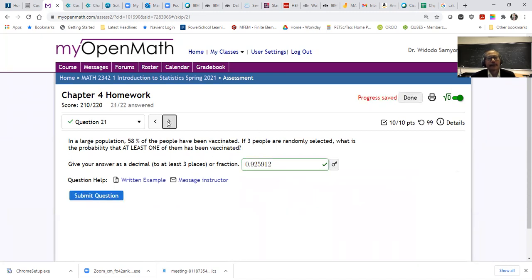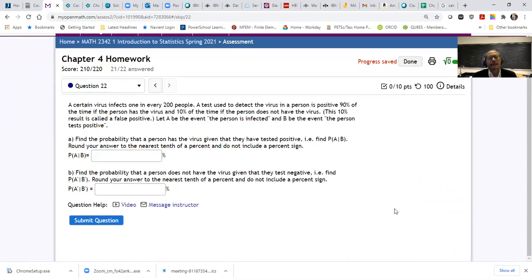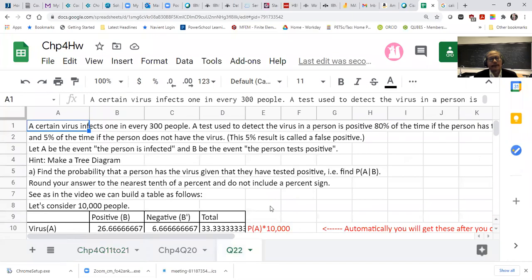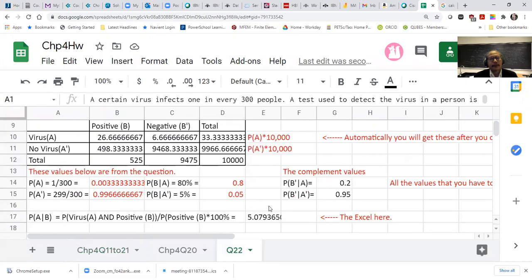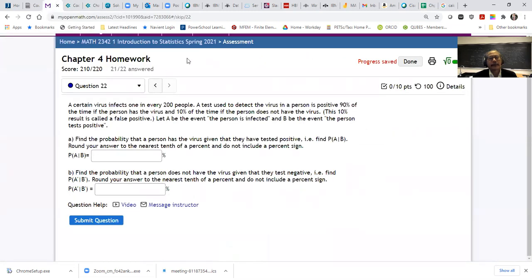Okay, number 22. It is easier if you fill in the table here. 22 is this one here. And the one that you need to do is only this one here. For many people, in this problem it is 300 people, and in your problem it is 200 people.